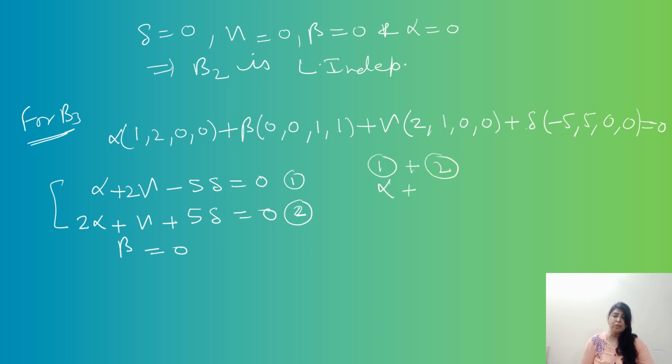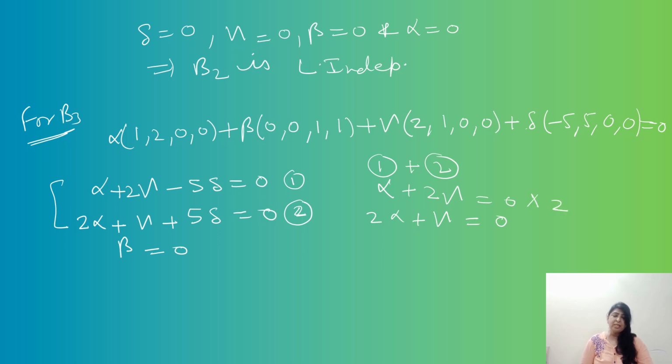Alpha plus 2 gamma is equal to 0, 2 alpha plus gamma is equal to 0. So these are two equations in two unknowns. So just solve it out, multiply this equation with 2 and subtract these.